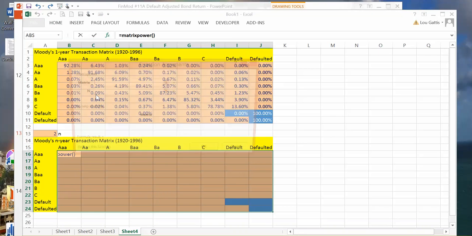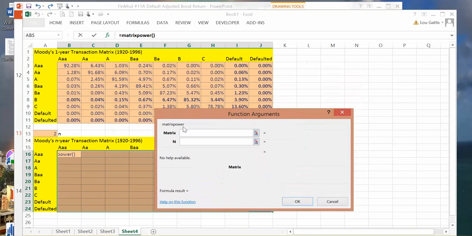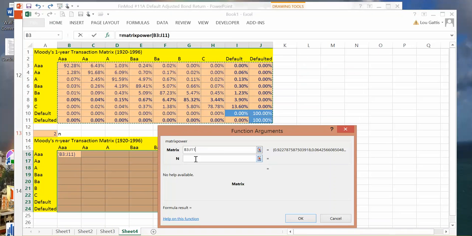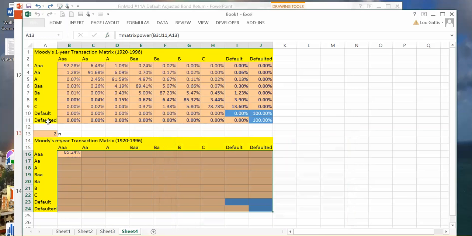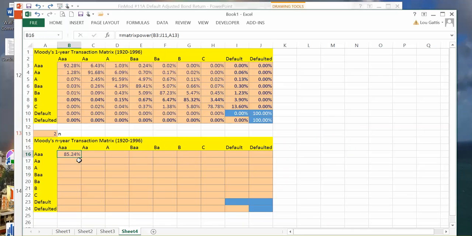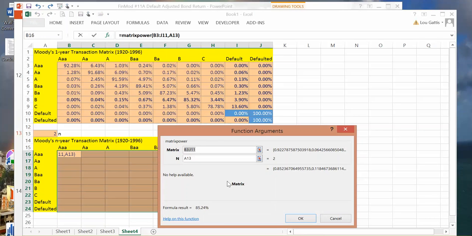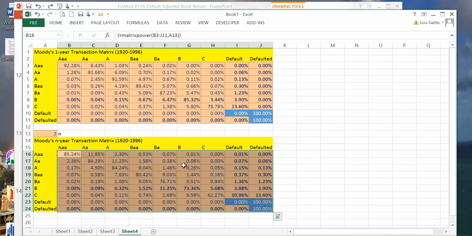I'll pull in my transition matrix and the n of 2, Control Shift Enter. Try that again. There's my 2-year probabilities, and these numbers should look a little familiar.